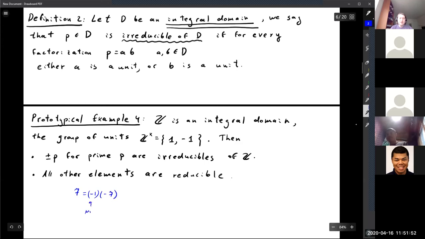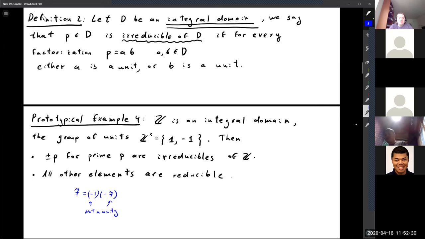This is not a unity, and this is not a unity. So if we require that there are essentially no factorizations at all, we will run into pathology even with the ring of integers. We know that 7 and -7 are essentially the same prime, because they differ from each other by multiplication by a unit.